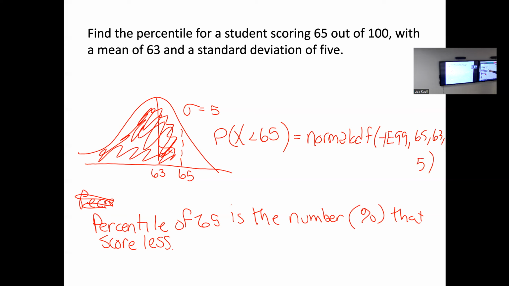My upper limit is the 65. My mean is 63. My standard deviation is 5. So I should be about 0.66, 0.655. So these two numbers should add up to 1. The probability that we get a value less than 65 and the probability that we get a value greater than 65, the sum of those two should be 1.